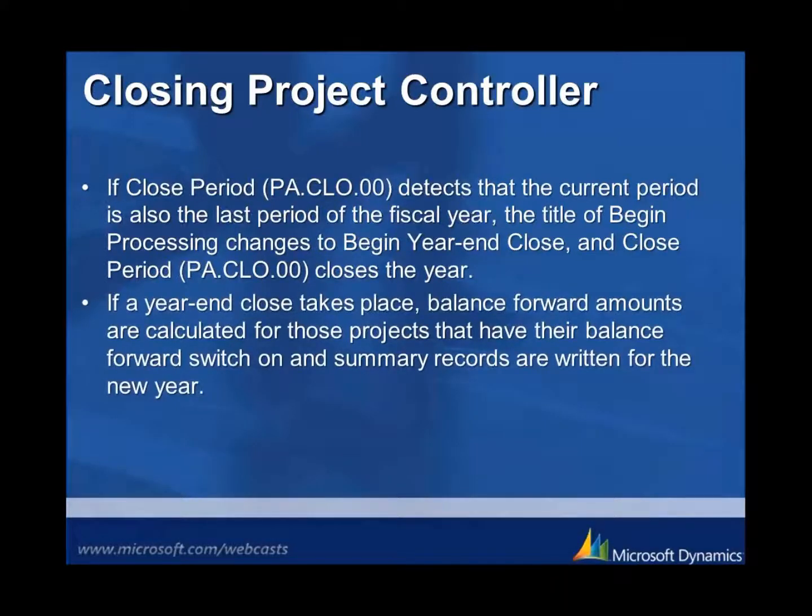So, if a year-end close takes place, now many of you who may be using Project, you've got some projects that are balance forward projects, and some that maybe are not. If the year-end close process takes place, balance forward amounts are calculated for those projects, and they move it to the new year.